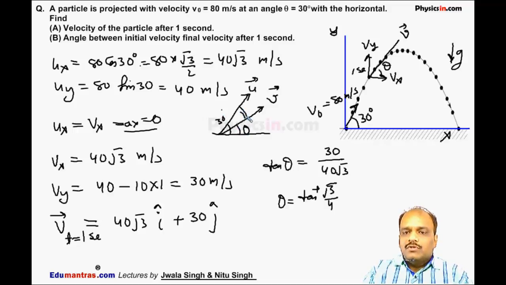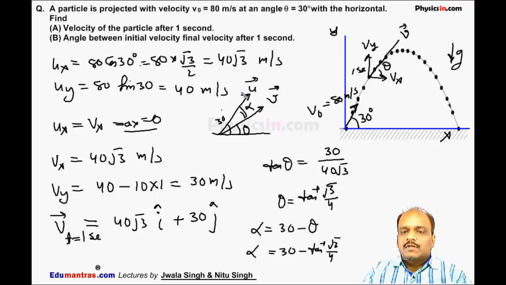So the angle between these two is alpha, and we can say alpha is equal to 30 degree minus theta, which is equal to 30 degree minus tan inverse of root 3 by 4. This is the angle between the initial velocity vector and the velocity at t is equal to 1 second.